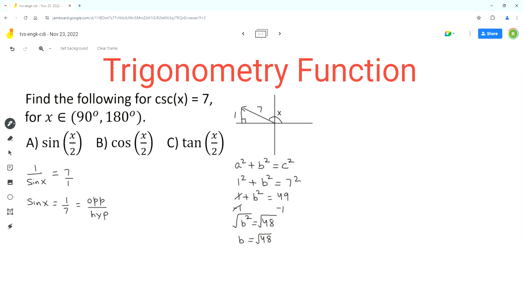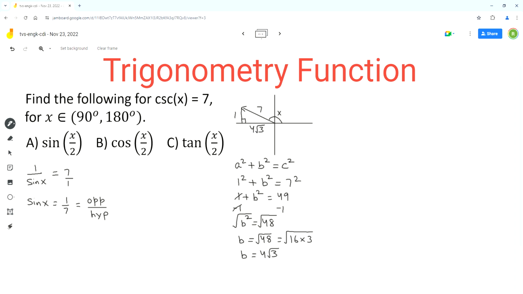I get B equals square root of 48. We have to consider the positive case only because side length cannot be negative. We can simplify square root of 48 as 4 square root 3. So that's the length of the third side in this right angle triangle.